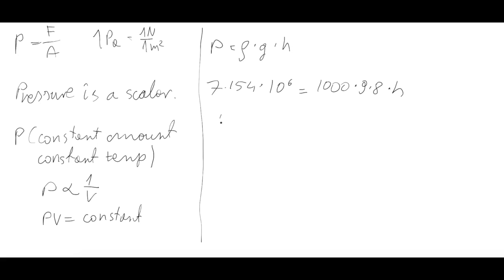So from this we can find height, which is equal to 7.154 times 10 to the power of 6 divided by 1000 times 10 times 9.8, and that value is equal to 730 meters.